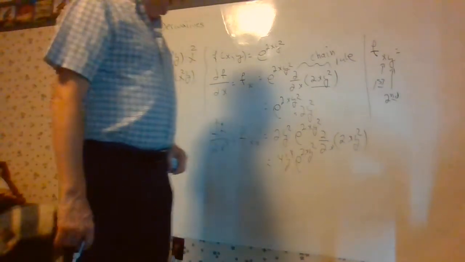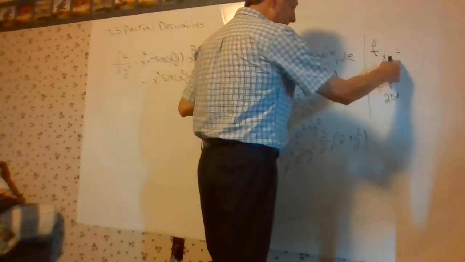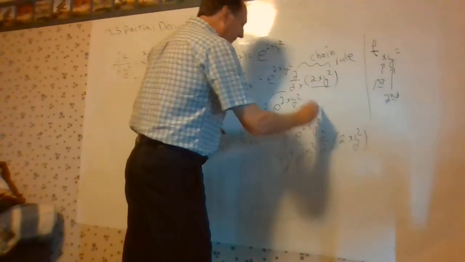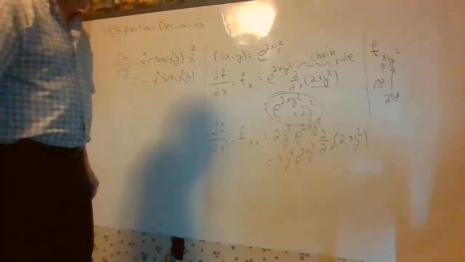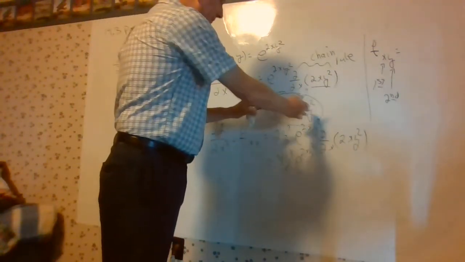So let's do a y partial of this. Y partial of fx, we already did x, we have to do y. And if you look at that, that's what we have to differentiate. Now we are going to need a product rule because we have function of y, function of y.